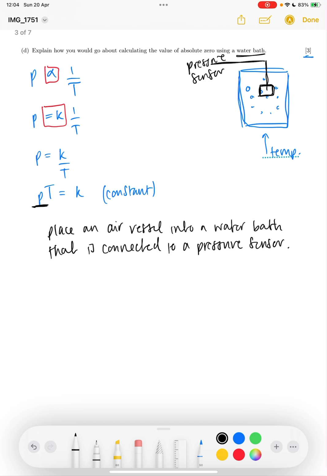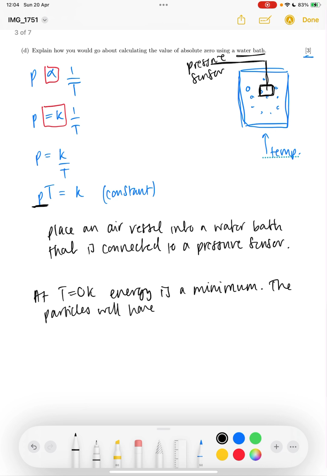Now let's use my previous knowledge. I know that at T is 0 Kelvin, which is absolute 0, my energy is a minimum, and the particles will have 0 kinetic energy.